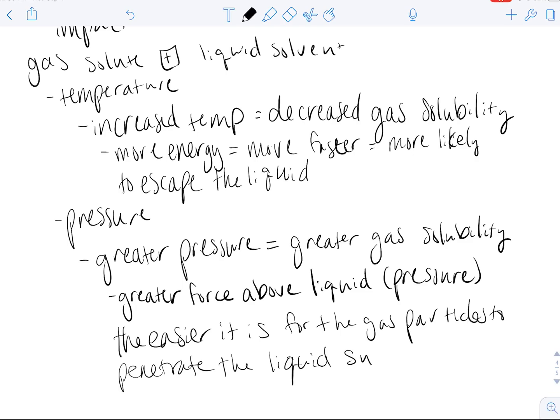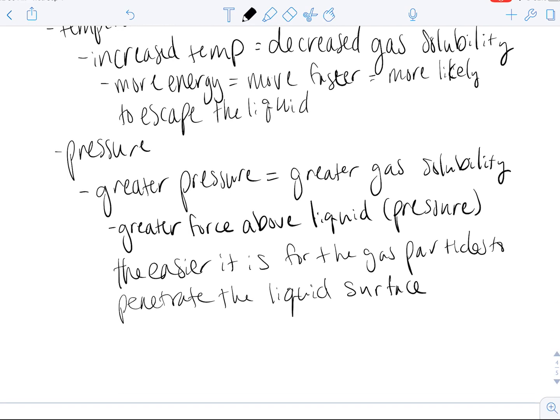They're quite literally being pushed into the liquid. So it's easier for them to penetrate the surface, and harder for the gas particles to escape.